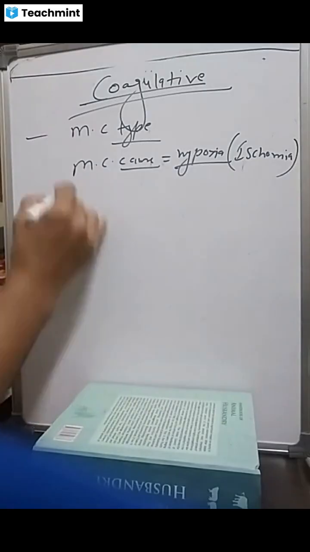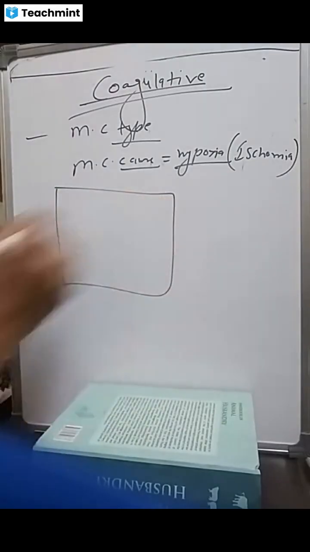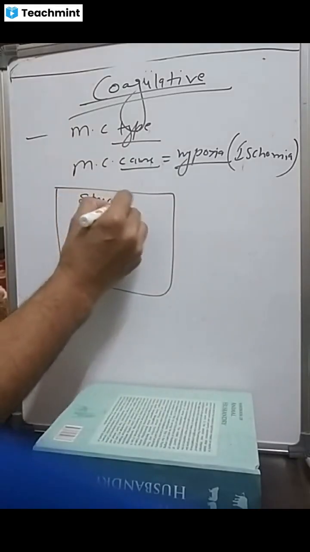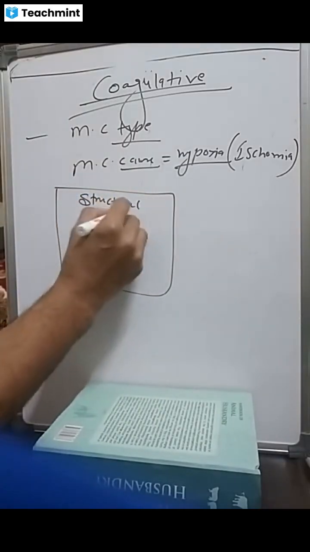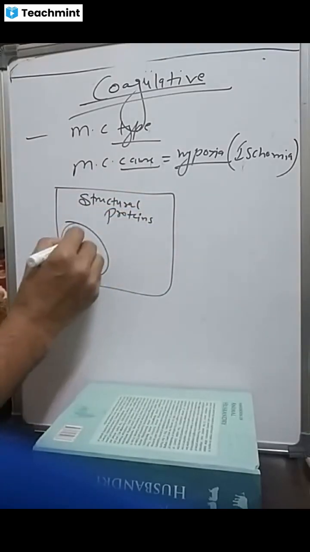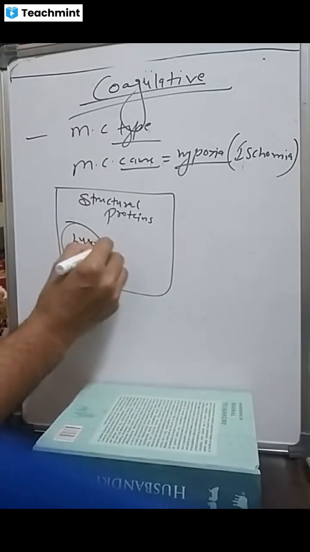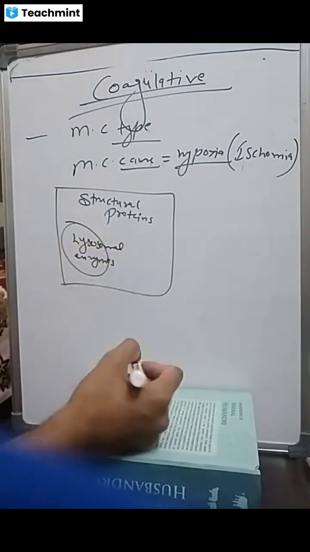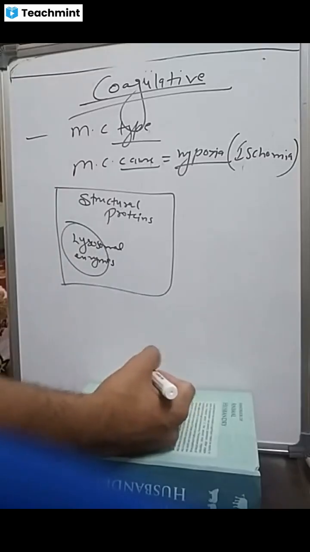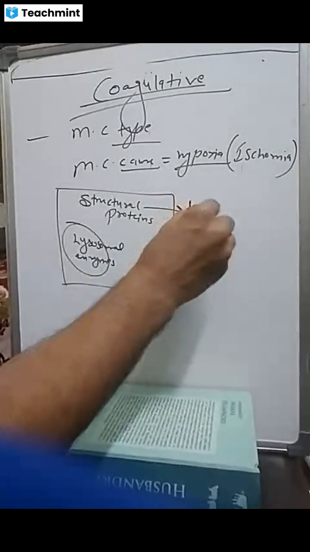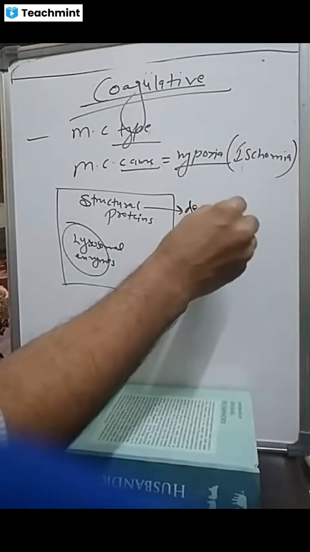In coagulative necrosis, there is coagulation. There are structural proteins and lysosomal enzymes. These two undergo coagulation or denaturation.